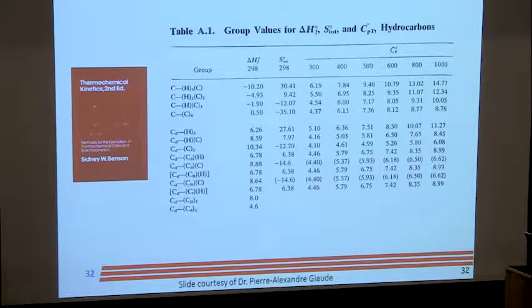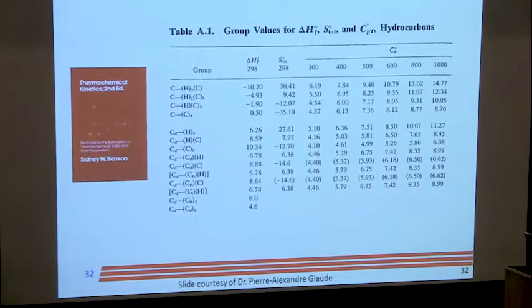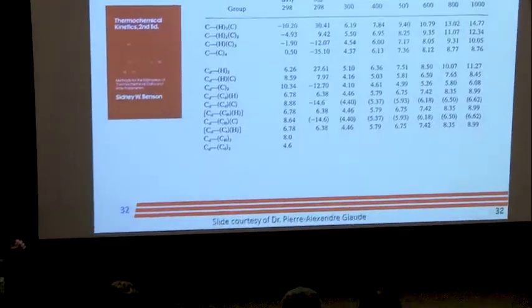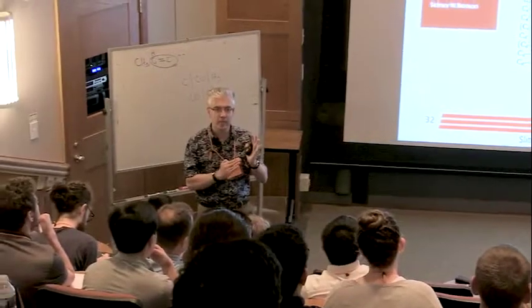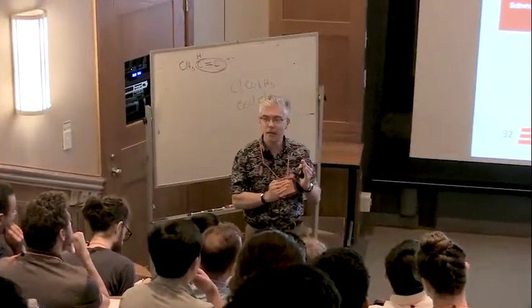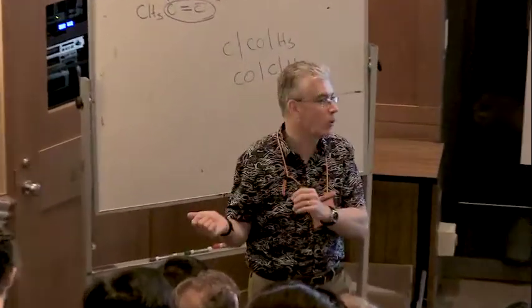You've got C bonded to C bonded to H3. This is the contribution to enthalpy, entropy, and then heat capacity at different temperatures. In THERM, we have exactly the same tables. If you look in the code, you'll see files called HC, HCO, CYCO, and so on.